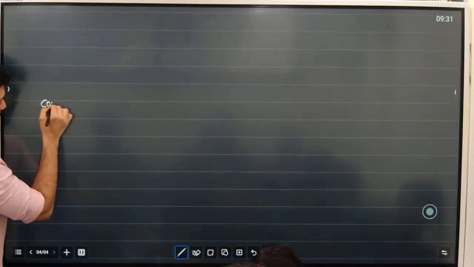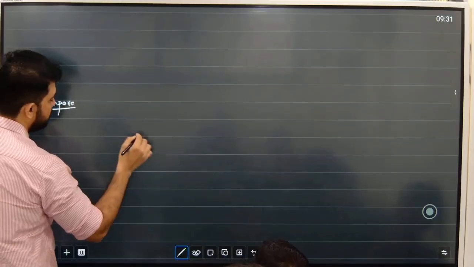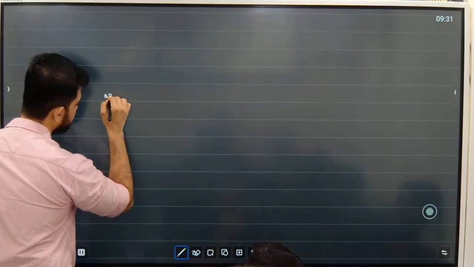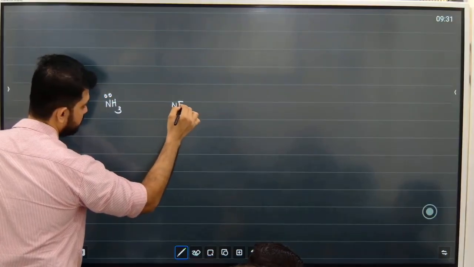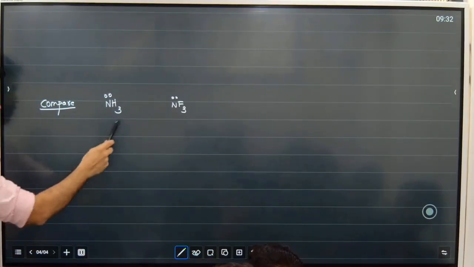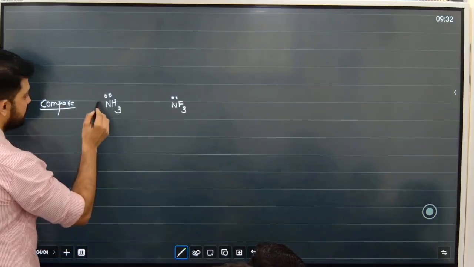Now we're going to compare the net dipole between the first molecule that we have, ammonia, and NF₃, where instead of hydrogen we have 3 atoms of fluorine. Ammonia, what was the hybridization?